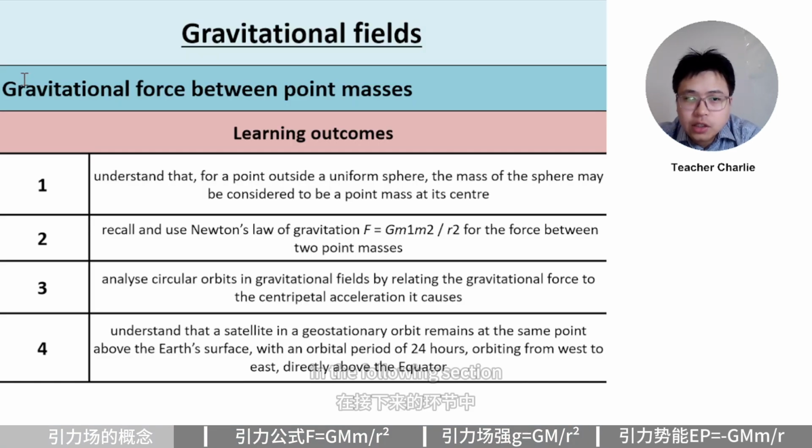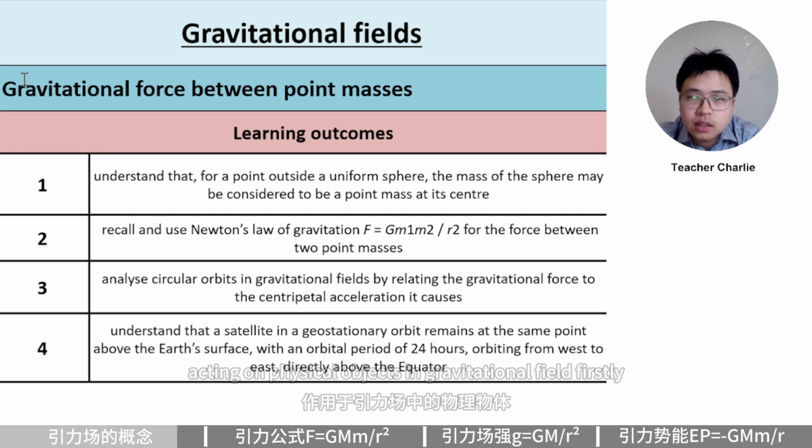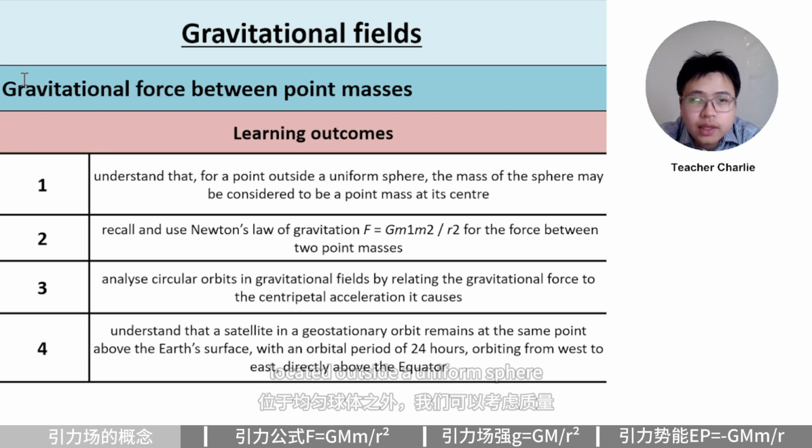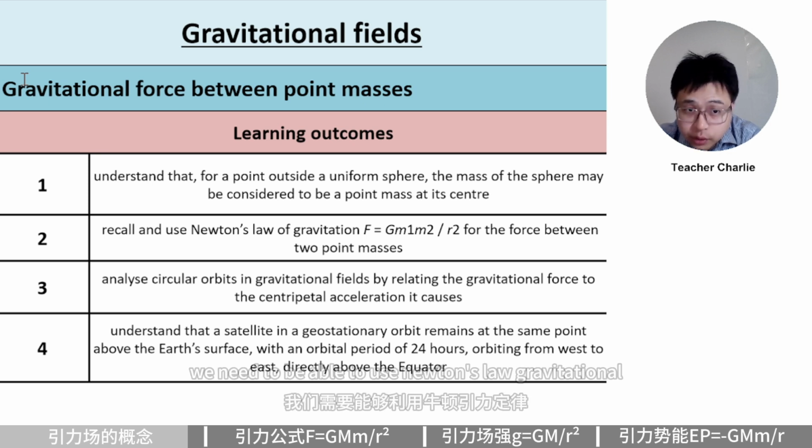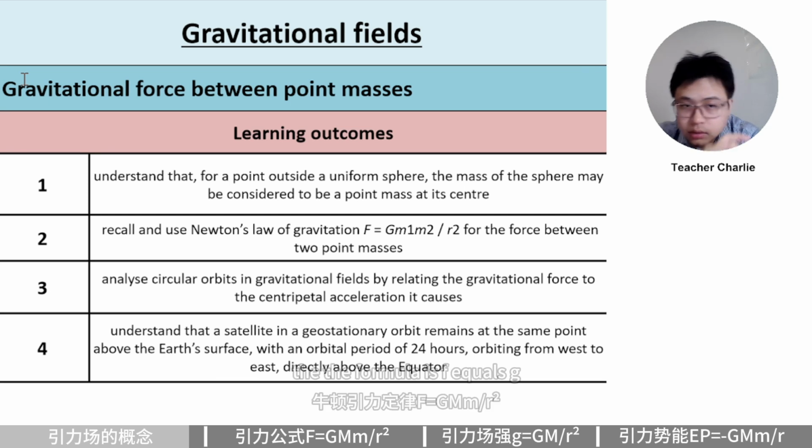In the following section, we will examine the actual forces acting on physical objects in a gravitational field. Firstly, we need to understand that for a point located outside a uniform sphere, we can consider the mass of the sphere as a point mass at its center. Secondly, we need to be able to use Newton's law of gravitation.